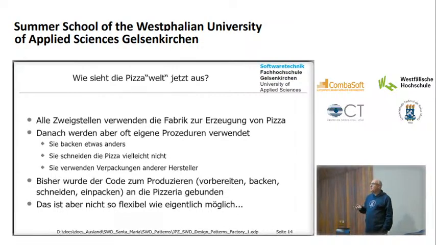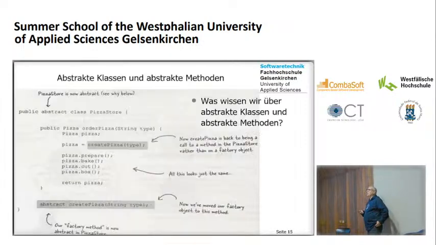Maybe they don't cut the pizza, and they use different packages, different distributions. Now, at the time we are looking at these new requirements, the code to produce a pizza, prepare, bake, cut, and box, is tied to the pizzeria. But it's also flexible if we want it. So how do we do it now?